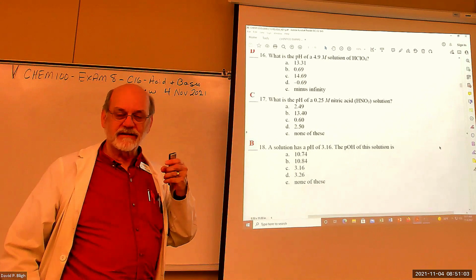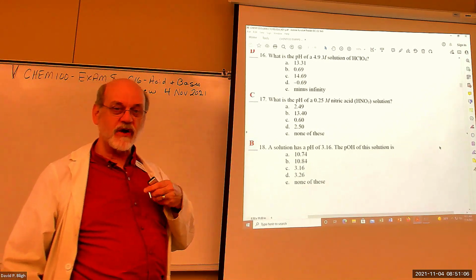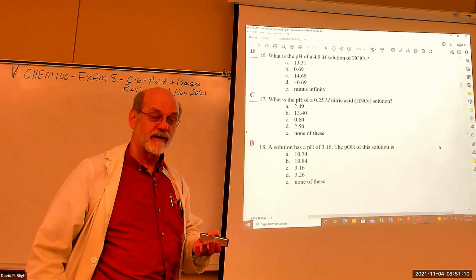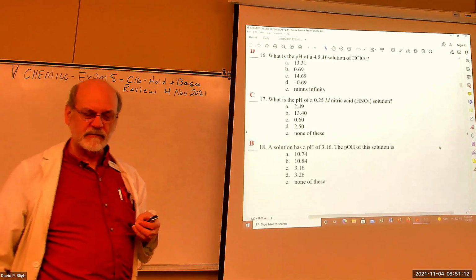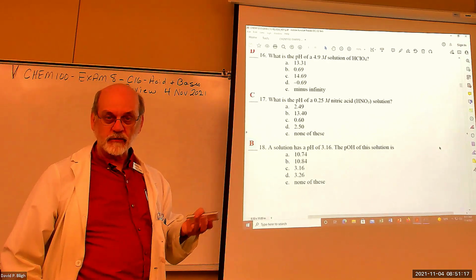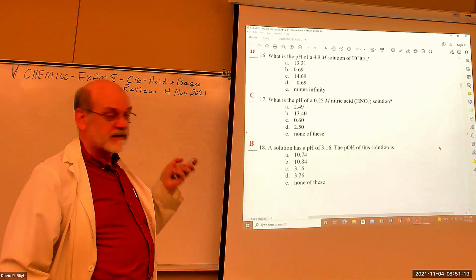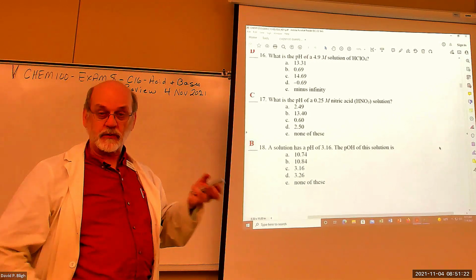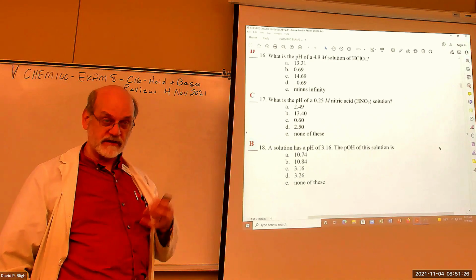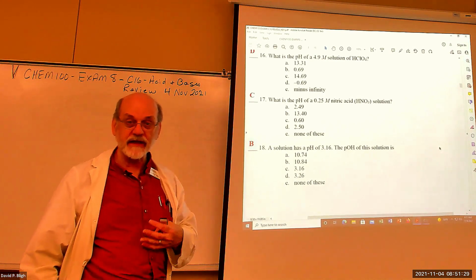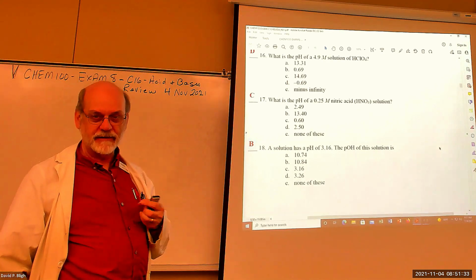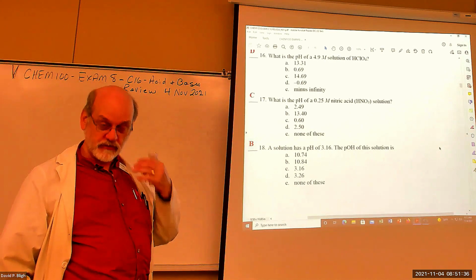That's a valid logarithmic conversion based on our convention, negative log of the hydrogen ion concentration. We don't use negative pHs very often. When you get to this high concentration, we just stick with the concentration. But the calculation is valid. You can calculate a negative pH, and that's what this answer represents. Right? It's not a trick. It is a true calculation.